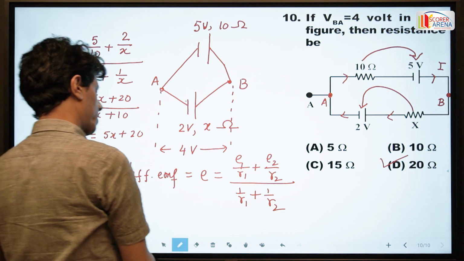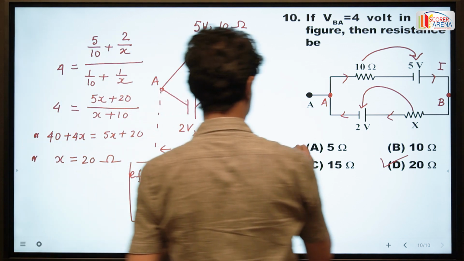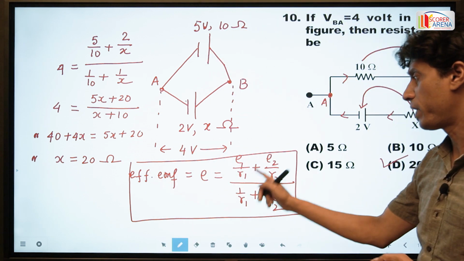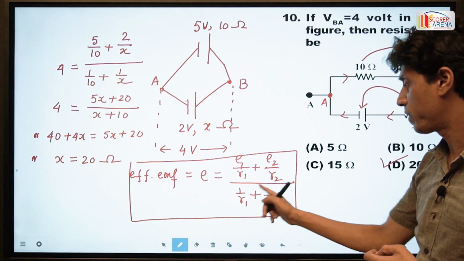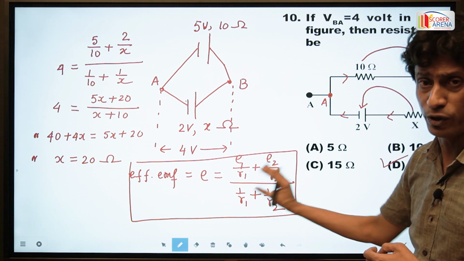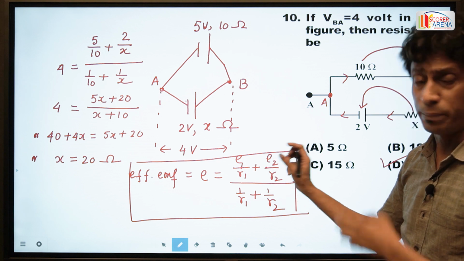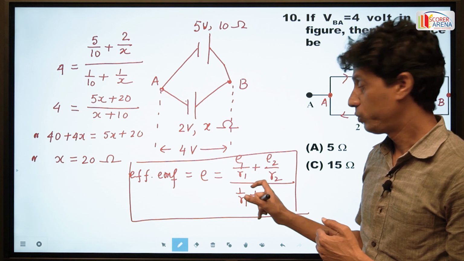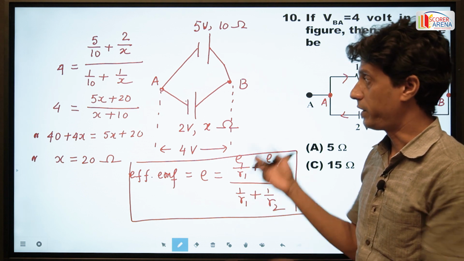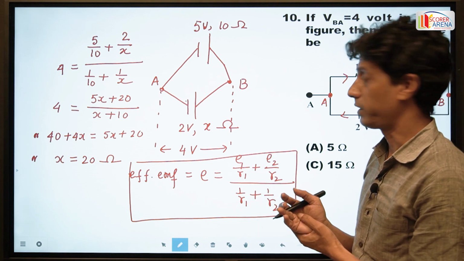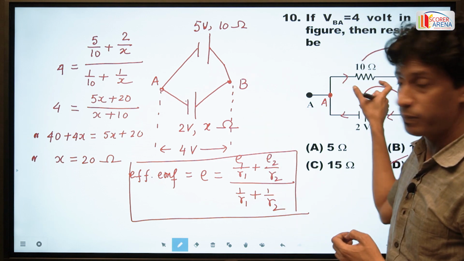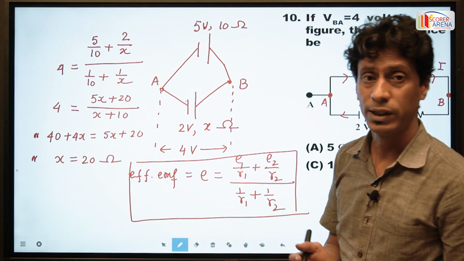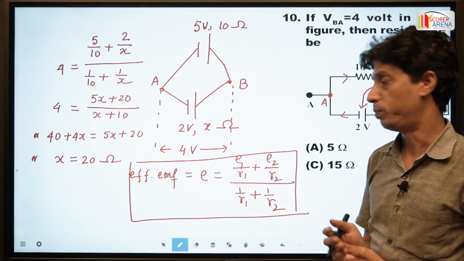When the cells are non-identical, the effective EMF between the ends of the common points is E1 by R1 plus E2 by R2 over 1 by R1 plus 1 by R2. Applying this formula is effective in competitive exams. For competitive exams, you can apply this formula directly by taking the resistance in the branches of the cells as internal resistance, and then you find X is equal to 20 ohm.